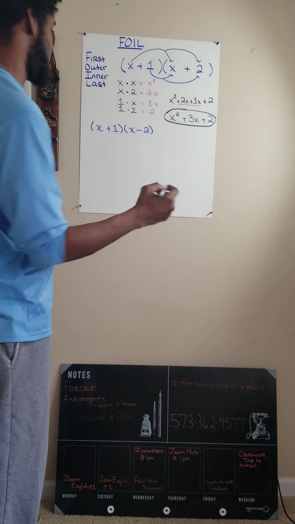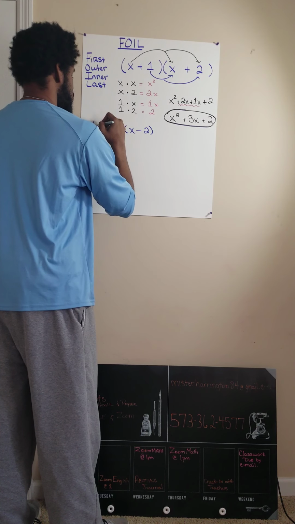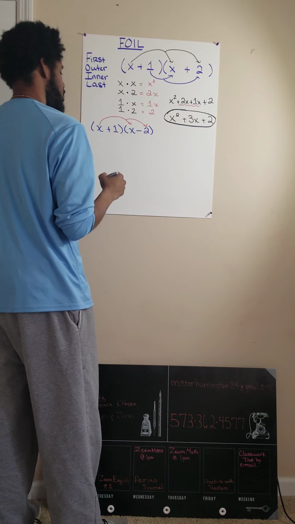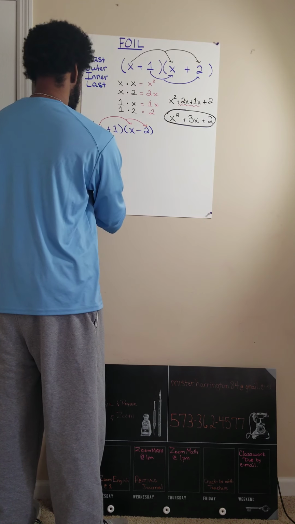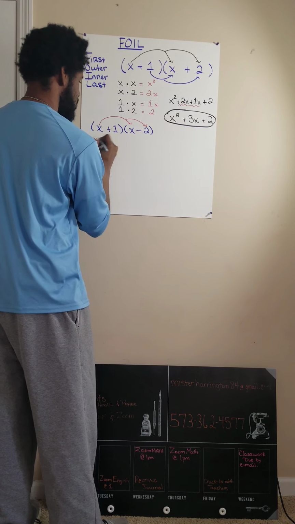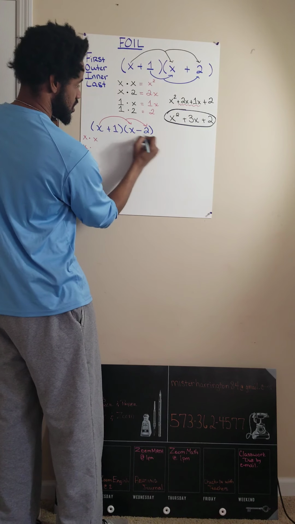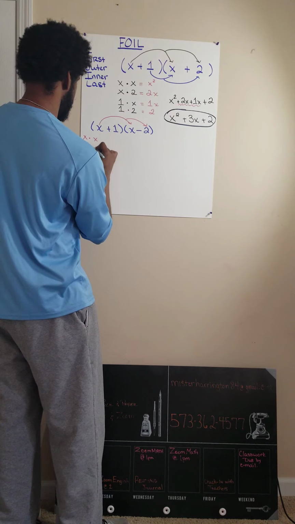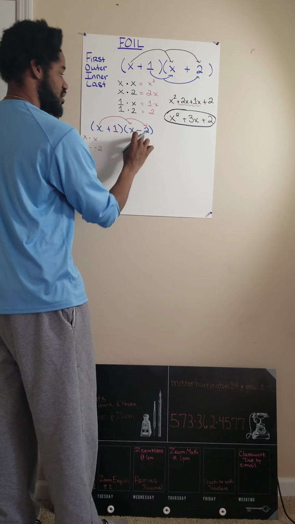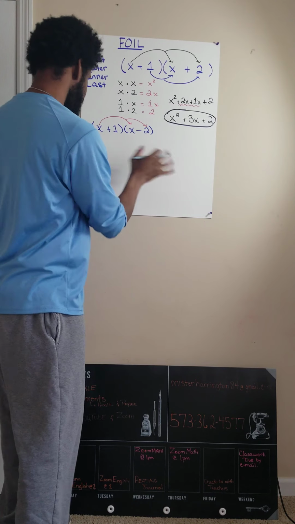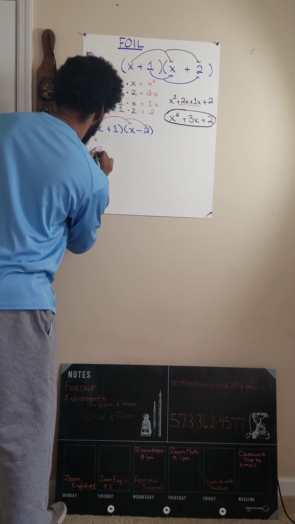So again, I do the same thing with my x there and there. So I have x times x, and then I have x times, got to use that symbol with it, negative 2, okay? Got to use that whole thing with it. Don't leave that negative sign there because it could throw you off.